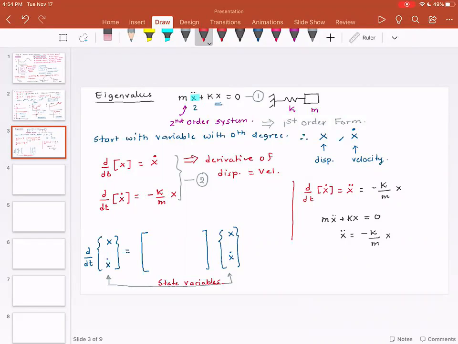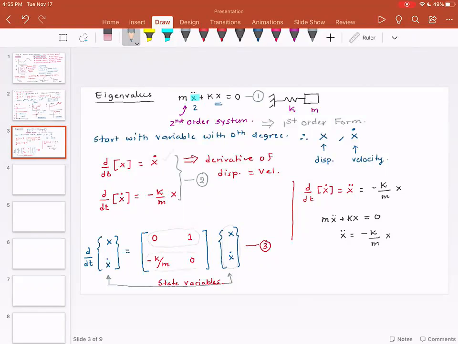So this equation can be written as, and I want you to follow this very carefully, minus k by m, 0. So now if you expand equation 3, the first row, first column, you are gonna get the first equation.